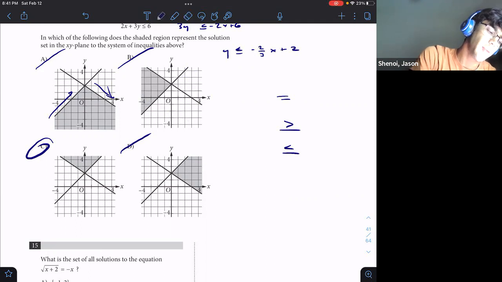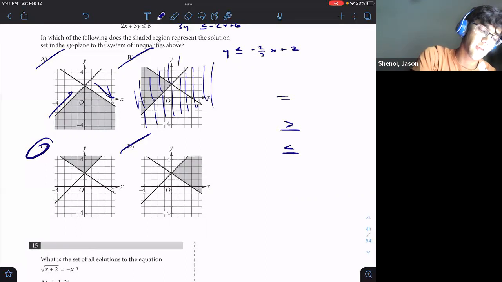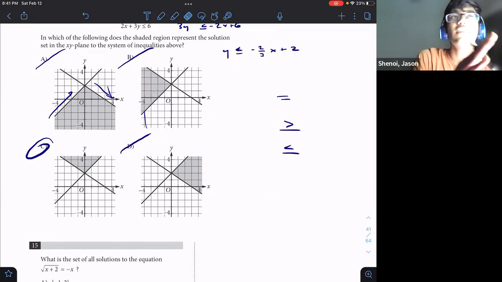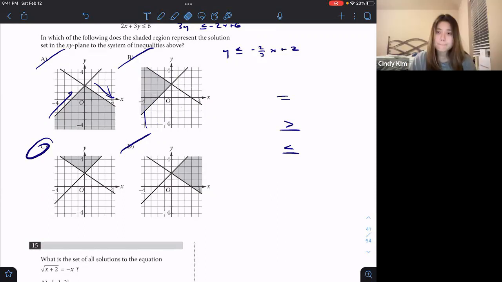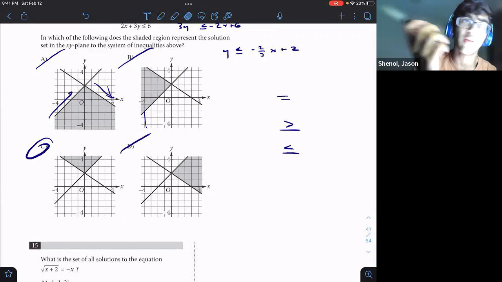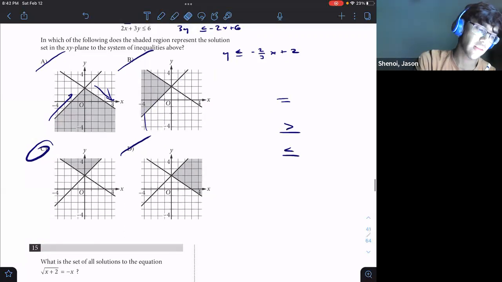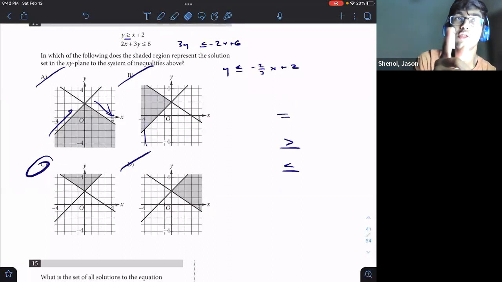And then the same thing on this side. If it's greater than something, it's going to be towards the right. If it's less than something, it's going to be towards the left. That's basically the only thing that you need to know for inequalities, because you already know how to graph things. Just make sure if it's less than something, keep it towards the left. If it's greater, move to the right. You'll get all of them correct if you follow that. And then solution, what does solution mean again?